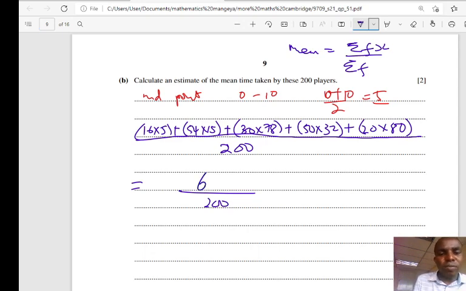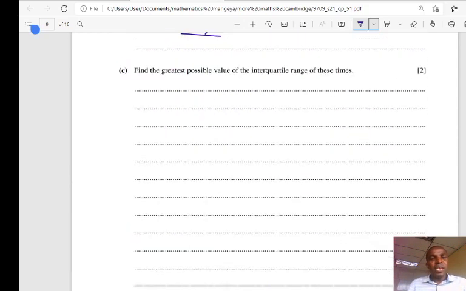That gives 6430, divided by 200, which is 32.15. To three significant figures, 32.2. Then you can say done.